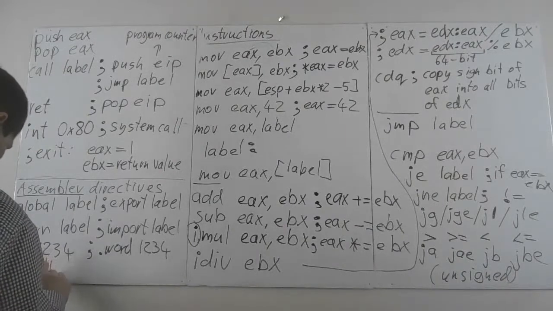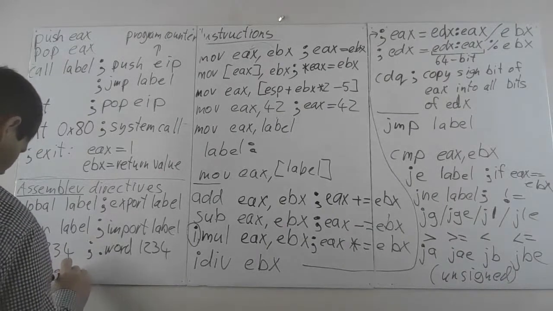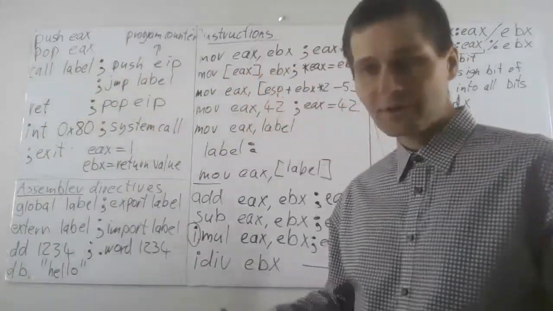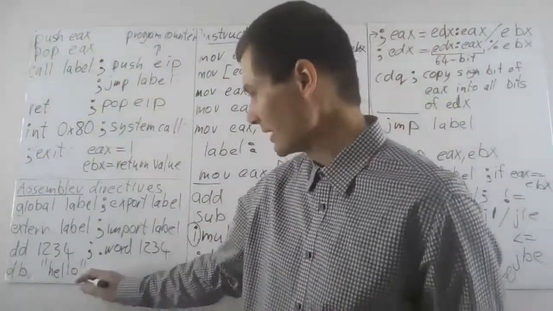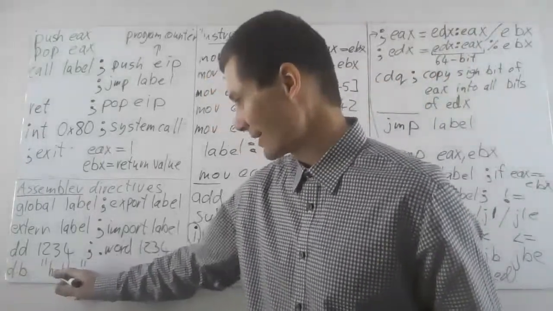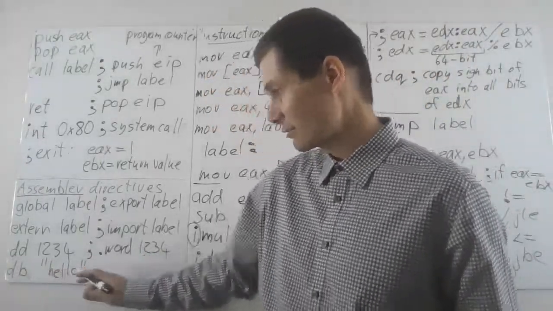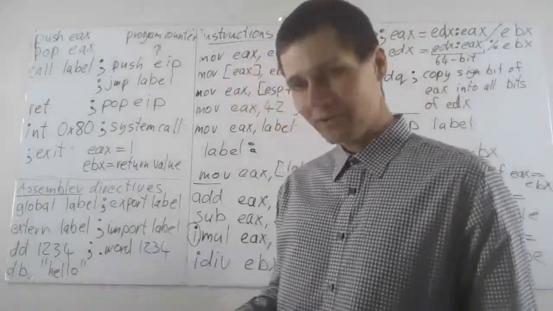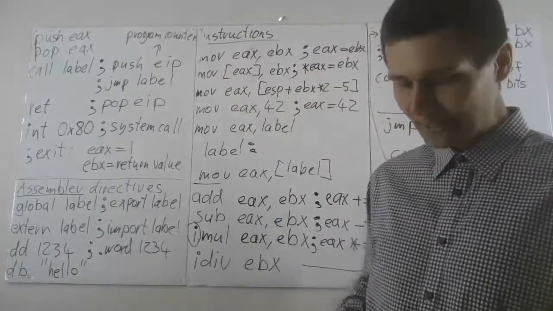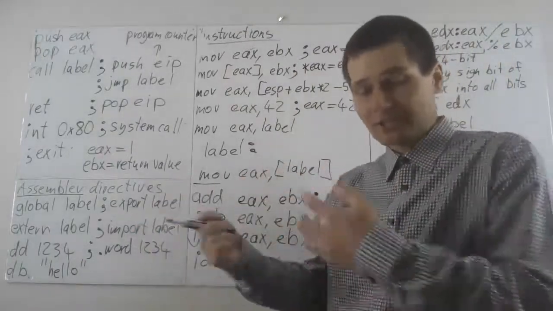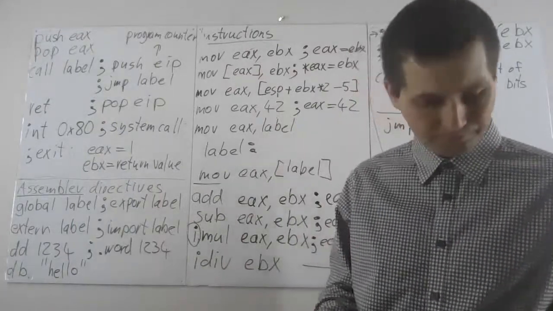So you can use DB to insert a string constant. And it would take each character of your string and encode it as 1 byte. So this would generate 5 bytes in the machine language file, with the representation of those ASCII characters. Okay, so that's how you can put a string constant into your generated code.